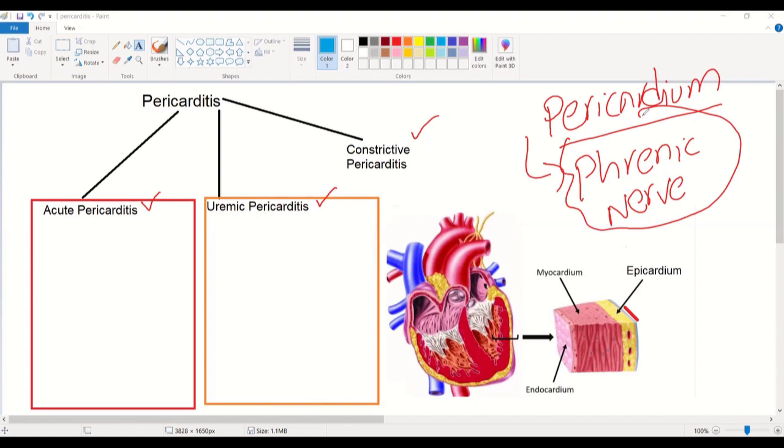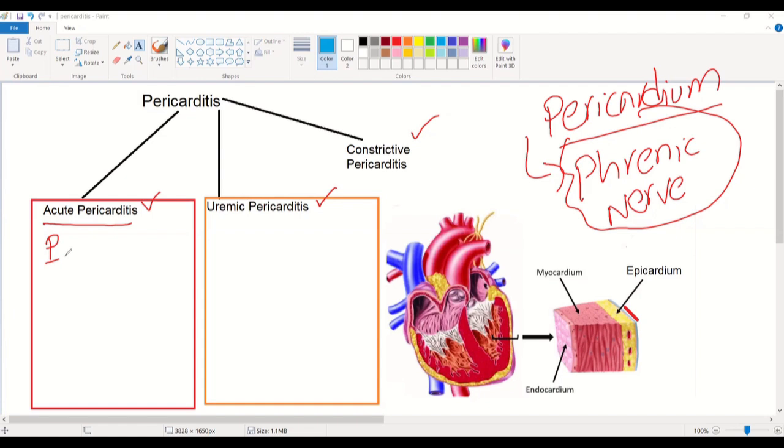Okay, so acute pericarditis is basically inflammation. What is the presentation of acute pericarditis? The patient presents with pleuritic pain. What is pleuritic pain?